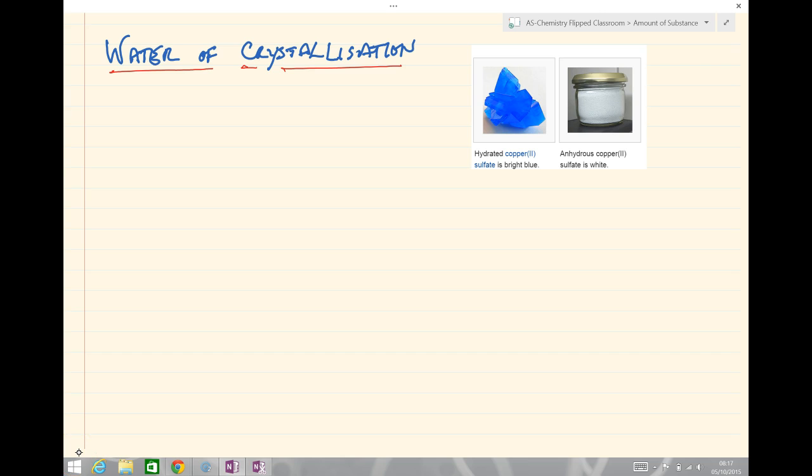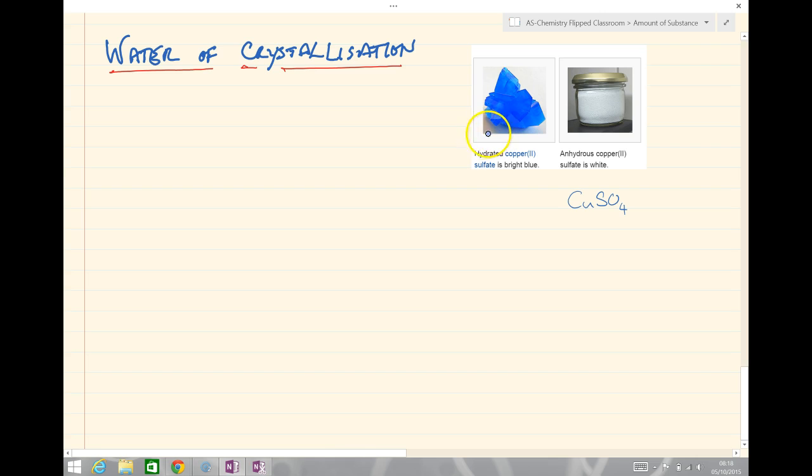First of all then, let's have a quick look at what water of crystallization is. It's essentially water that is part of a crystal framework, and it's normally water which is associated with molecules in an ionic lattice, but not necessarily directly bonded to them. Two classic examples are anhydrous copper sulfate, which we're used to being described as CuSO4, and then we have hydrated copper sulfate.